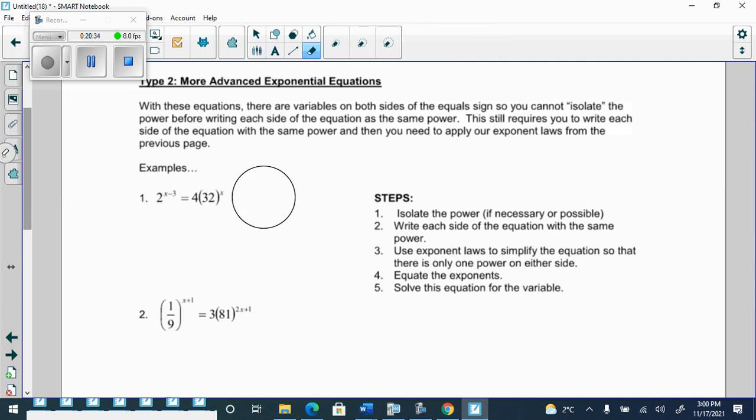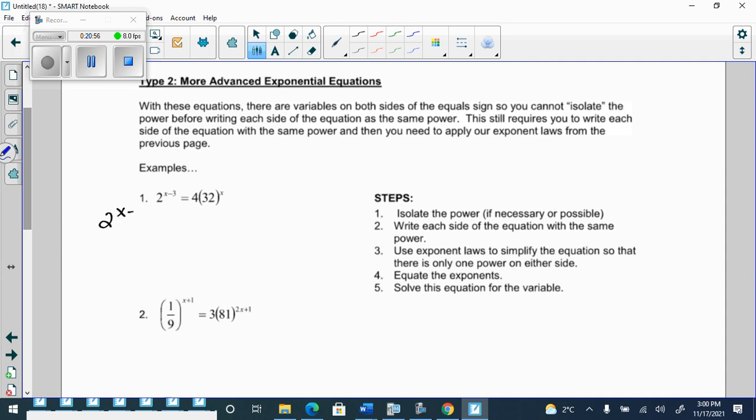Okay? Instead of trying to put that over or divide the 4 over, what can you make them all be? Base 2. Don't put them together. You can't. So this one's going to be 2 to the x minus 3. 4 is 2 to the what? 2 to the 2.